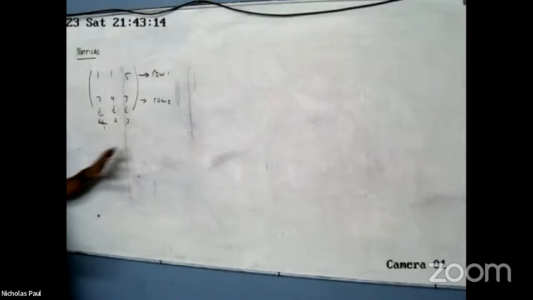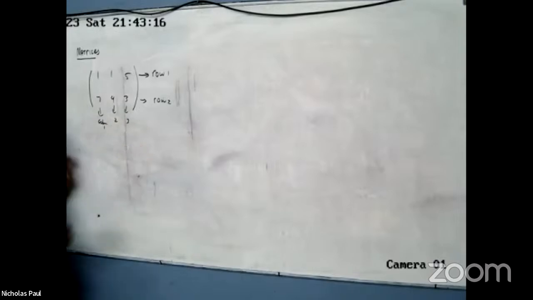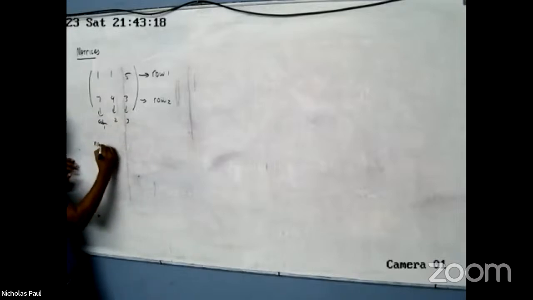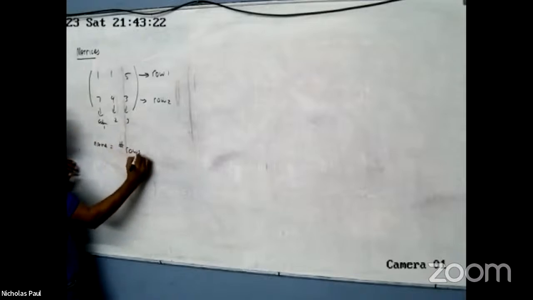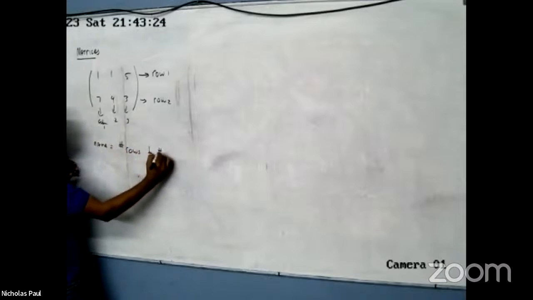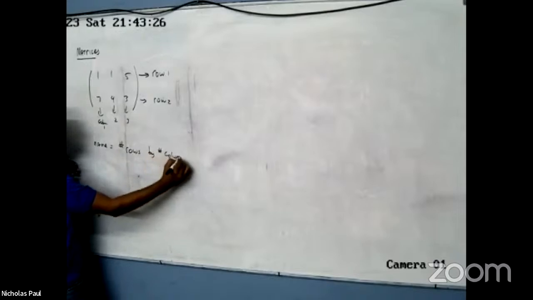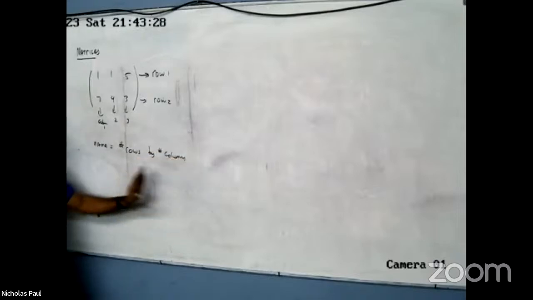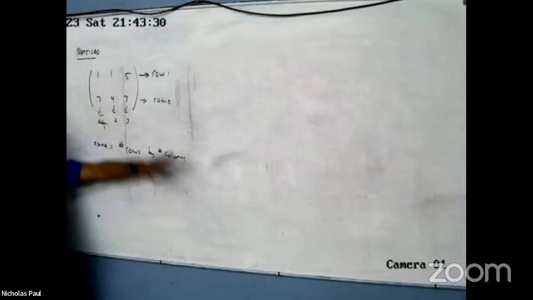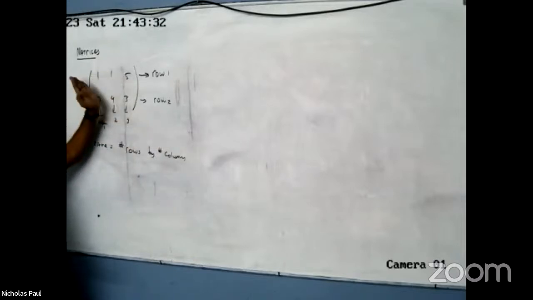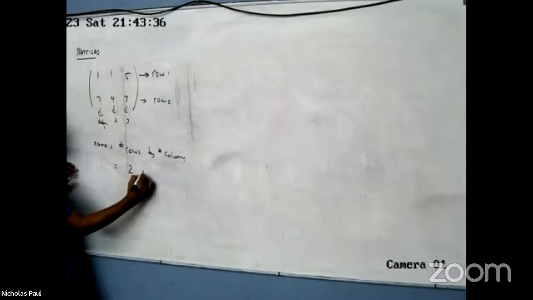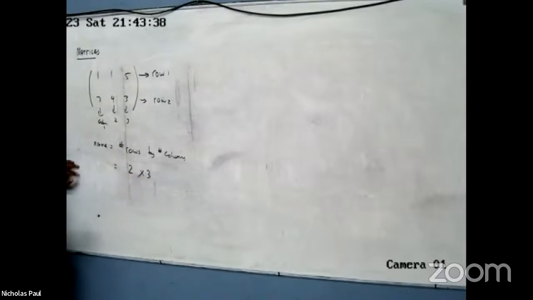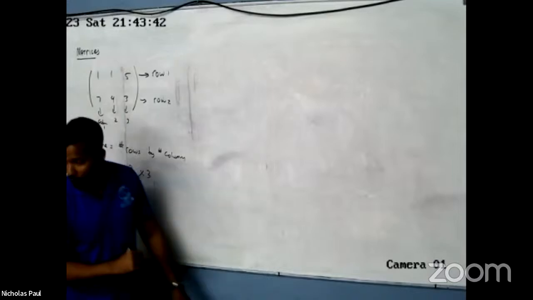The way you name a matrix is by the number of rows by the number of columns. So we have 2 rows and 3 columns, so here we have a 2 by 3 matrix. Okay with that?